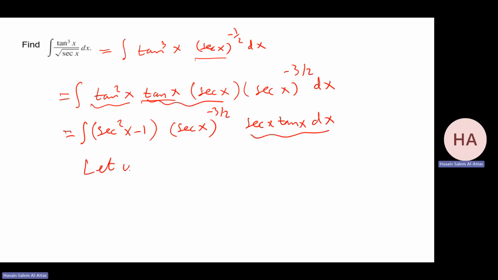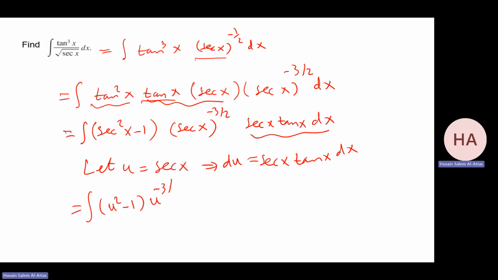So I let u be secant x, then du will be secant tan dx. So my integral will be what? u square minus 1, u to the power minus 3/2 du. And that is what? u to the power half minus u to the power minus 3/2 du.